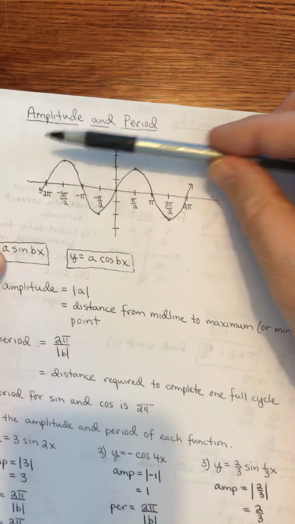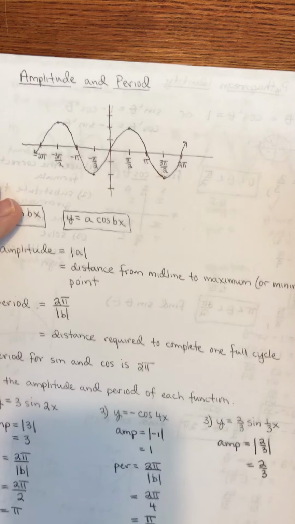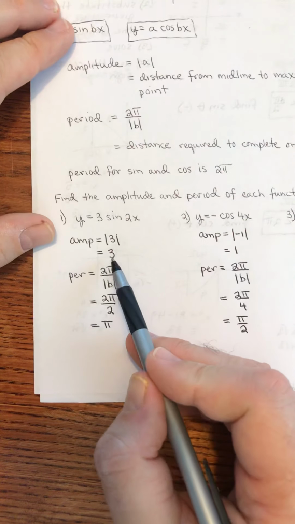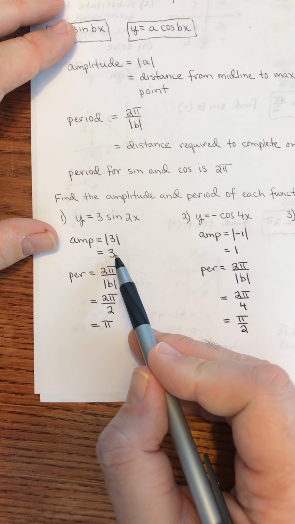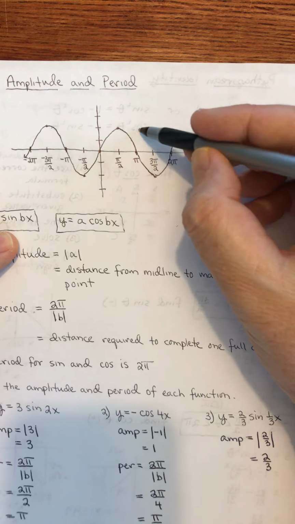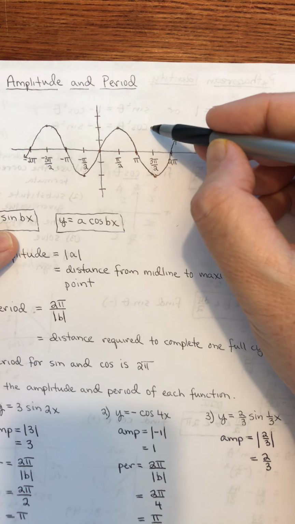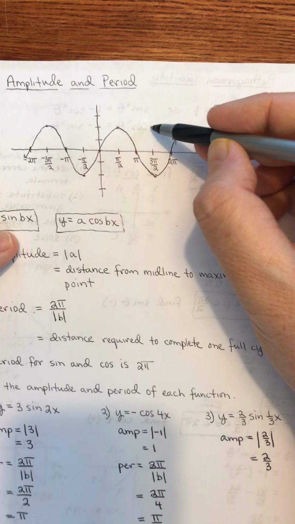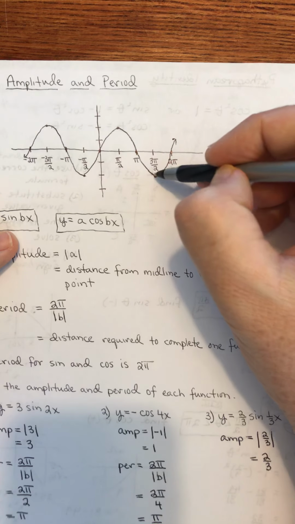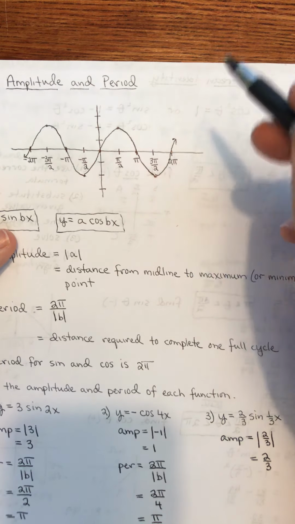Think of this as somebody squeezing this together. It'd be closer to the x-axis. Now, one thing that's important: if you double the amplitude, that's how far it is from the lowest point to the highest point. So from here to here, notice it'd be 1, 2, 3, 4. But the amplitude is half of that. So if you can count from lowest to highest, just take half of that.